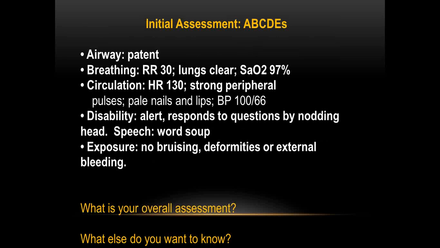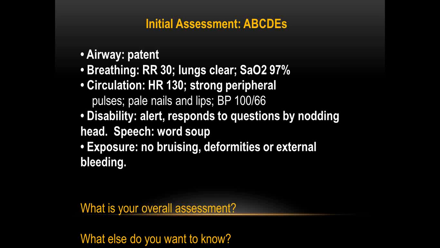Okay. We do that quick assessment. He's got a patent airway. He's breathing at 30 times a minute. His lungs are clear, and you're getting 97% saturation when you put your pulse oximeter on. He's got a heart rate of 130. Got good, strong pulses. He's got pale nails and lips, and he's got a blood pressure of 100/66.